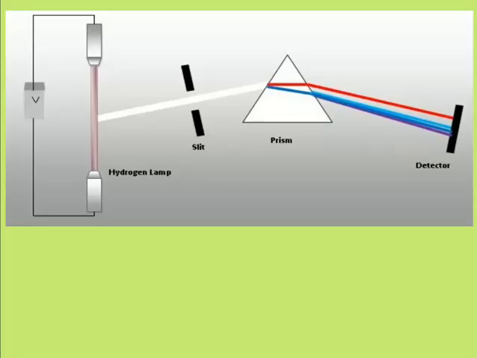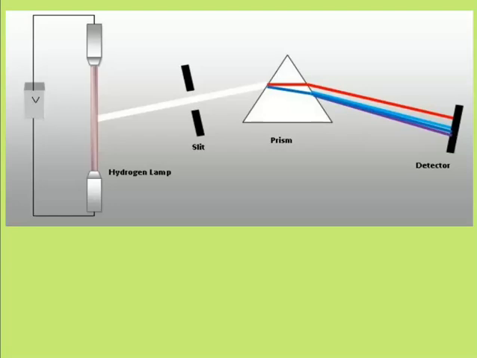In this case, we have taken an electric discharge tube in which hydrogen gas has been taken, or you can say a hydrogen lamp. The electric field is allowed to pass, which ionizes the hydrogen gas in the lamp. Radiations are emitted. Those emitted radiations are allowed to pass through a narrow slit and then from the slit onto the prism.